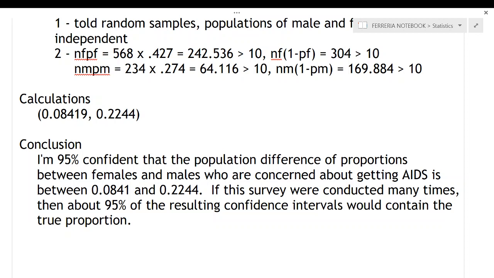For the intervals, should we put PF minus PM is, or can you just put that? Just put that.